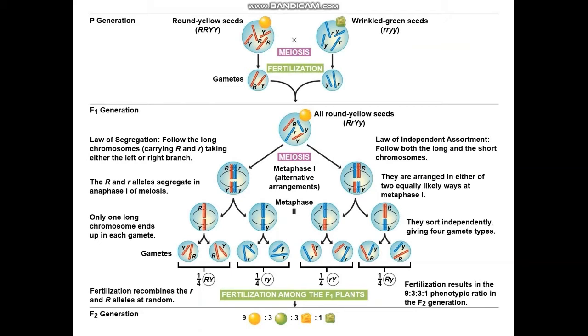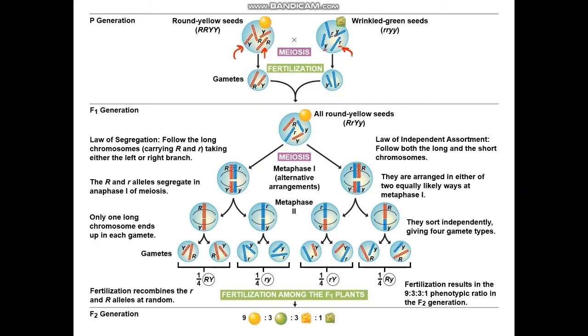So over here on the left, we have the P with its 2 sets of chromosomes, both of which have the dominant yellow and the dominant round alleles on them. Over here, we have 2 sets of homologous chromosomes with the wrinkled and green alleles, all recessive here.